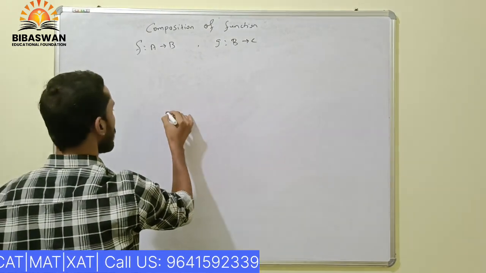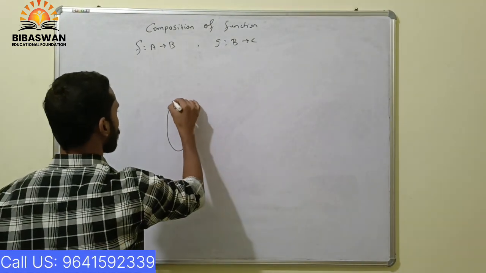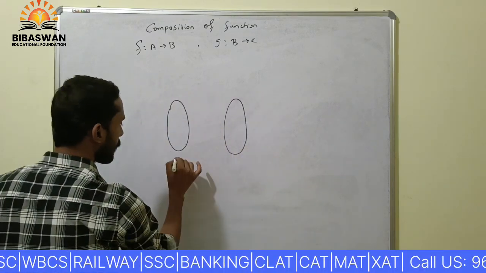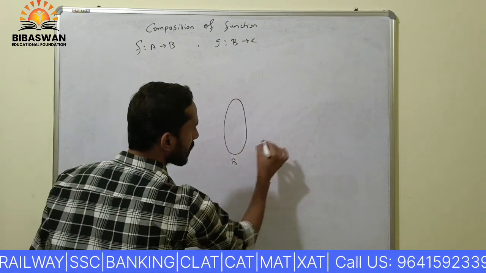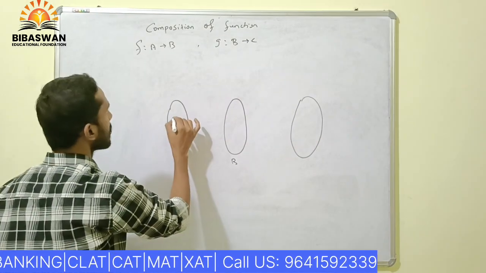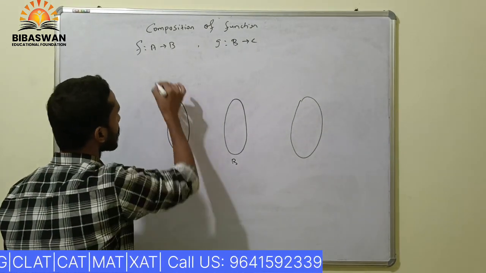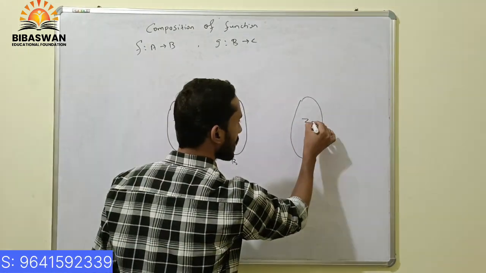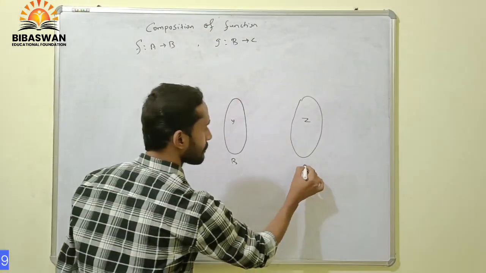So if you draw an arrow diagram here, you find A, B, C. Now let us assume x in A, y in B and z in C.